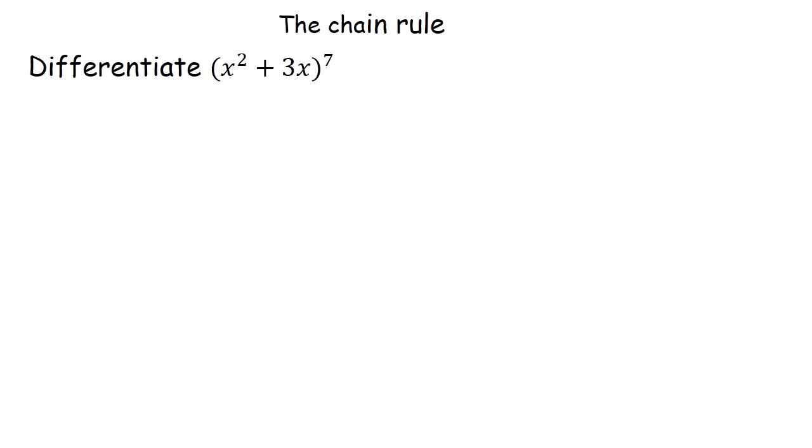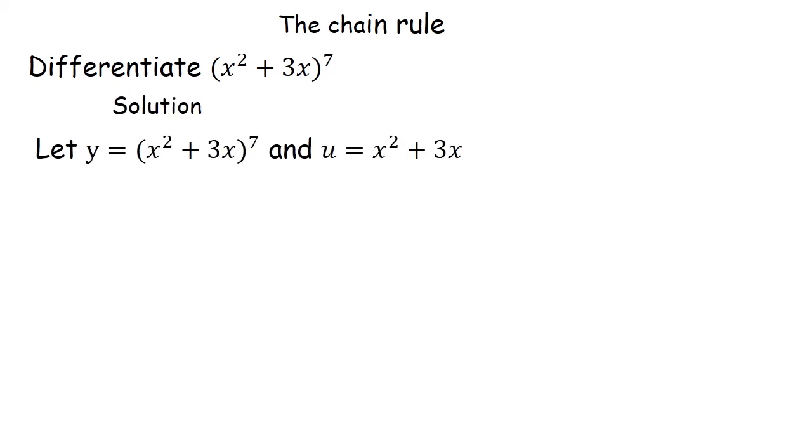So we are going to differentiate another one. We begin by letting y be equal to (x squared + 3x) to power 7, and then u is equal to the one inside the brackets, which is x squared + 3x. So we can begin by differentiating this.